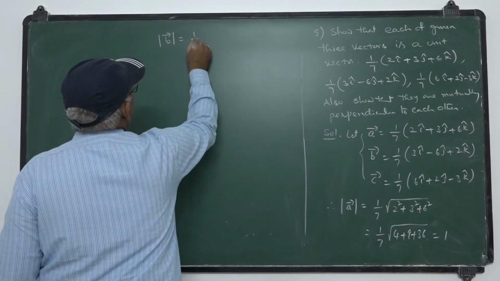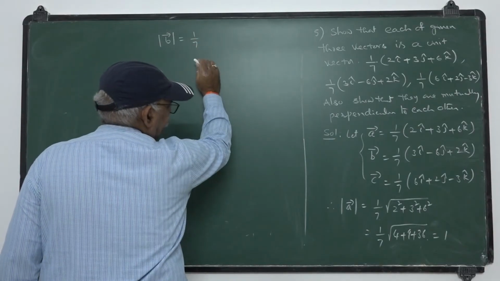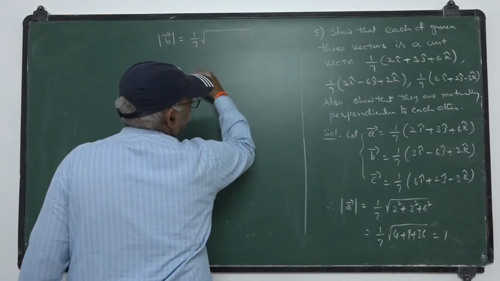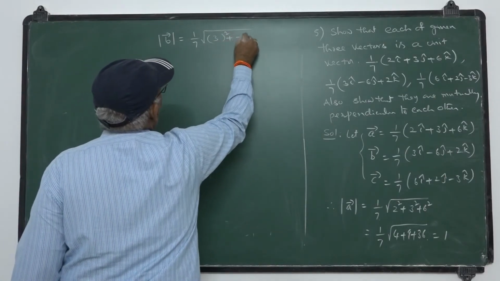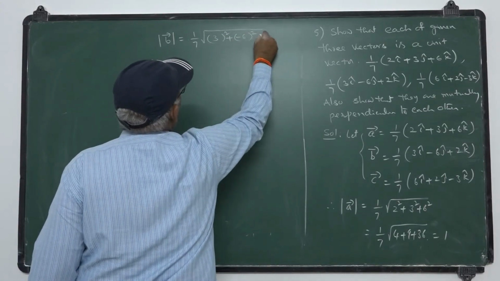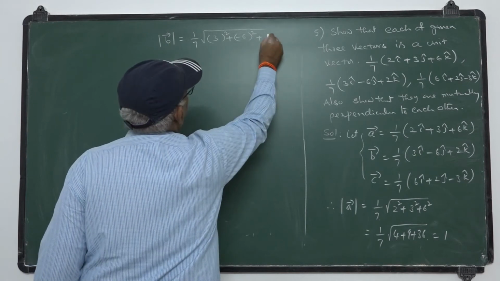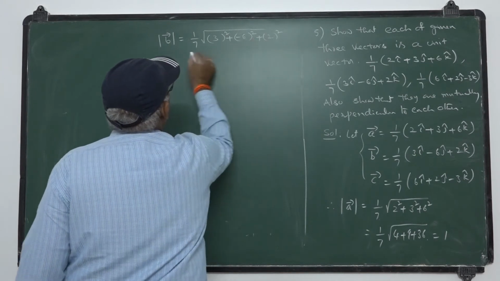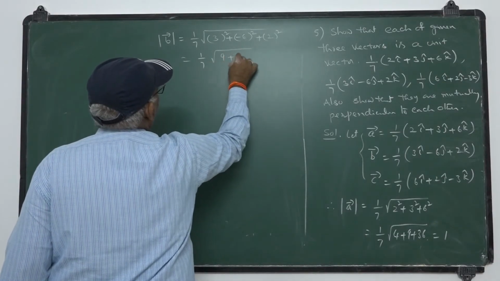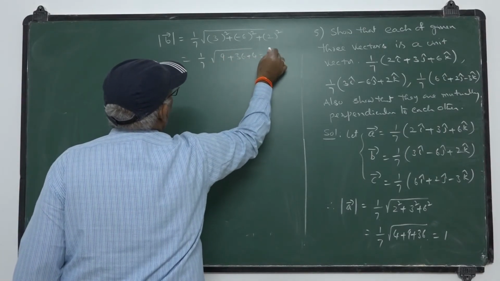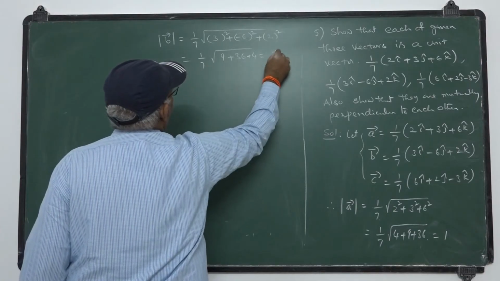modulus of B bar is once again 1 by 7 into the square root of 3 square plus minus 6 square plus 2 square, which is again 1 by 7 into the square root of 9 plus 36 plus 4, root 49 by 7, that means 1.